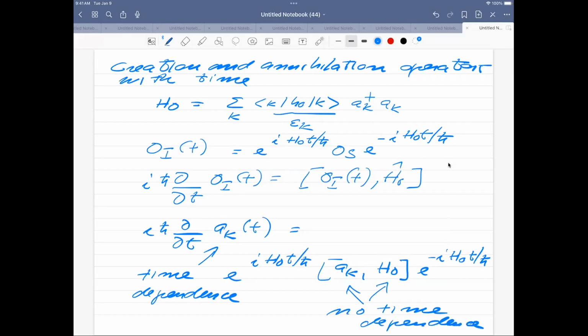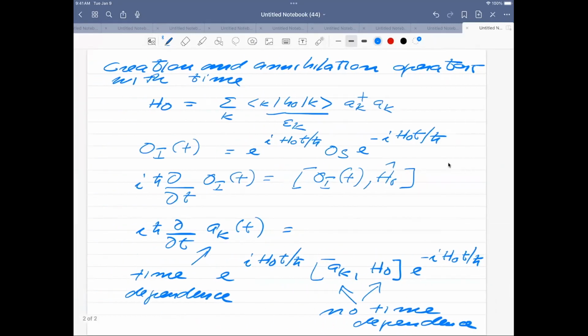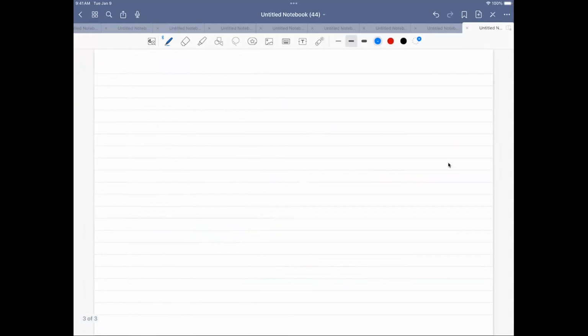Then, if I now look at the commutator, let's just remind ourselves about this commutator. We have a_k^† of H_0, and that is given by a_k, and then a sum over k' of ε_k' a_k^† a_k'.